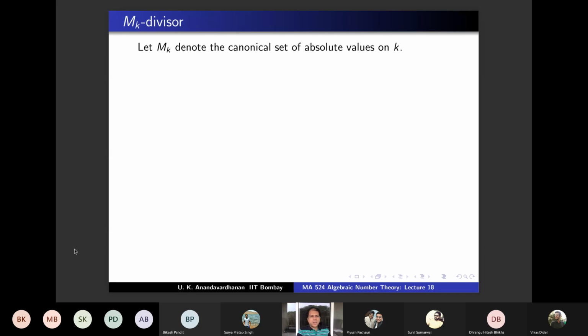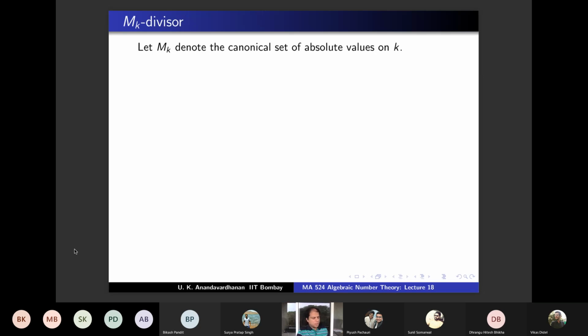So K is a number field, a finite extension of Q, and you know that you have so many absolute values. How do you get a typical absolute value? You can embed it in R or C, and for each embedding you can take the real absolute value or the complex absolute value. Those are the Archimedean absolute values.